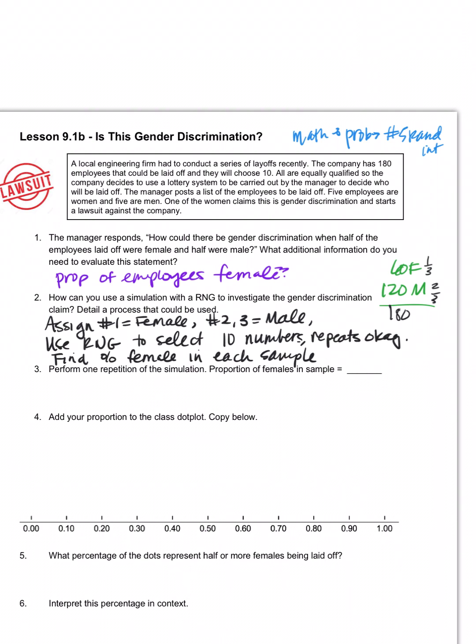And a comma. And how many numbers do we want it to choose? 10. Now, before you hit enter, all 10 numbers aren't going to fit on your screen. It's going to scroll off to the right. But don't hit down. When you hit enter, scroll to the right and count how many 1s you got, right? We need to know how many 1s, and that's your percentage of females. 1, 3, 10.